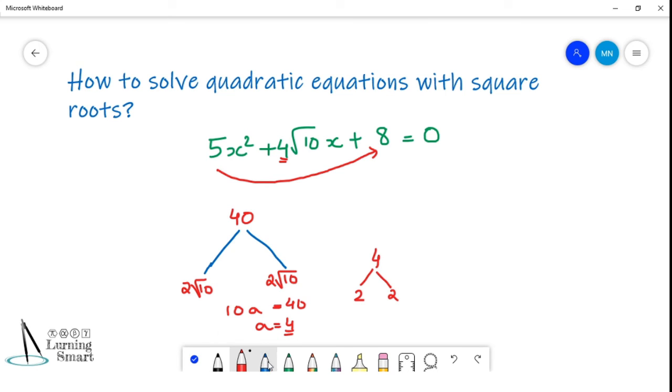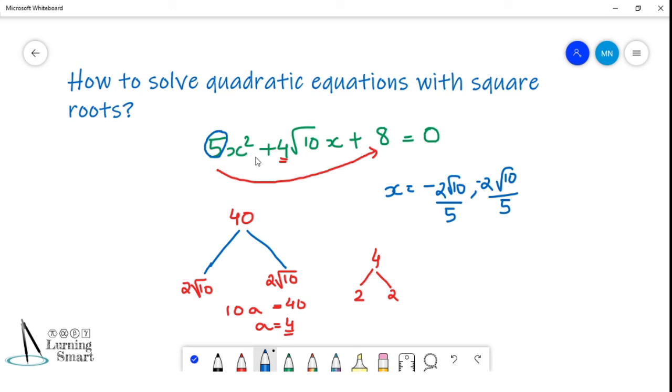So the solution is x equal to minus 2 root 10 comma 2 root 10, divided by 5. Why is it divided by 5? Because the coefficient of x square is 5.